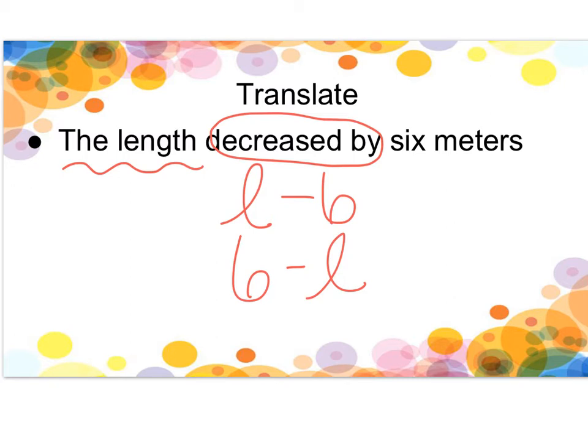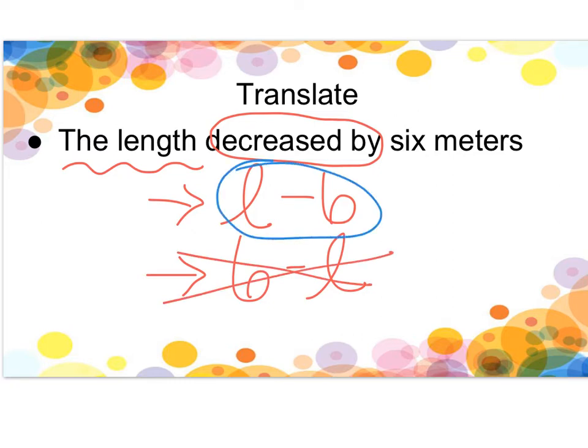So do I have the length minus 6, or do I have 6 minus the length? Well, if I go back, it says the length is decreased by 6, not that 6 is decreased by the length. So that one is not correct. This is my answer.